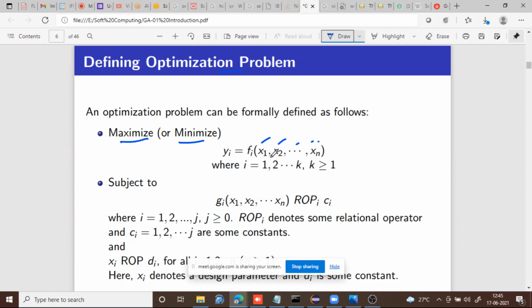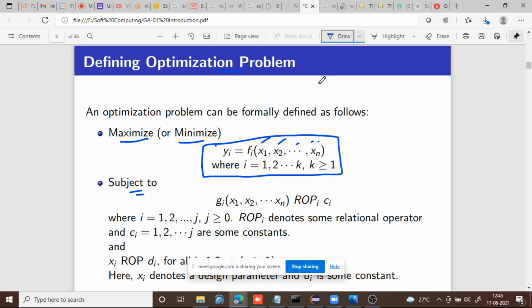Some real world problems may have 10 or 15 parameters. This is not under our control, but generally this is the equation format: y is equal to f of all these parameters, and subject to certain constraints. So this shows the standard structure of an optimization problem.